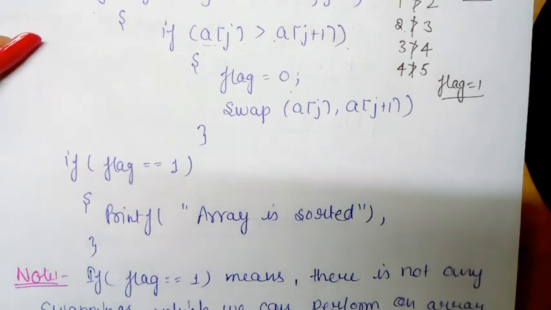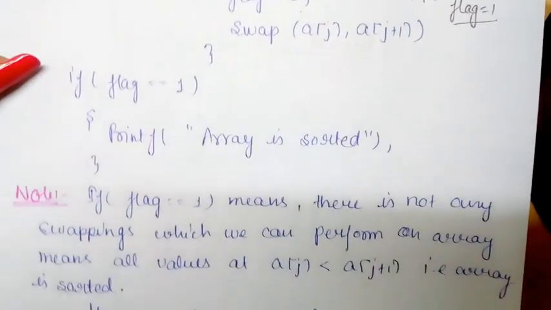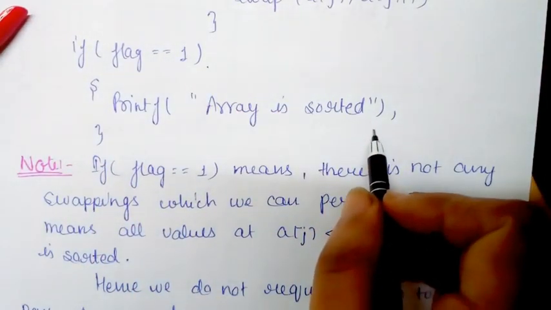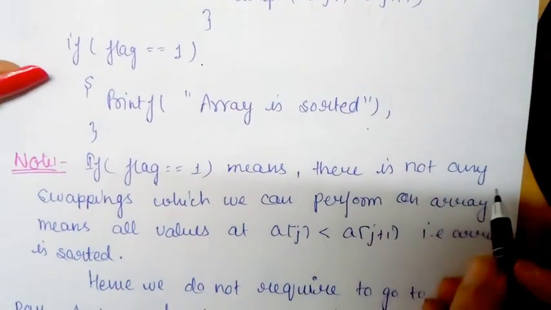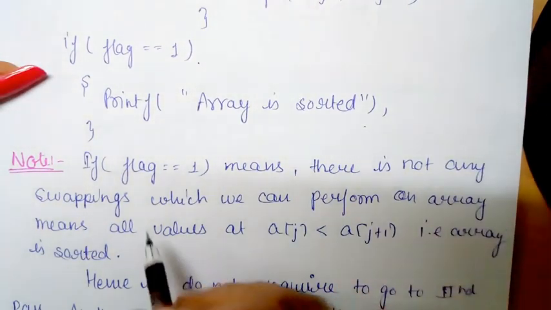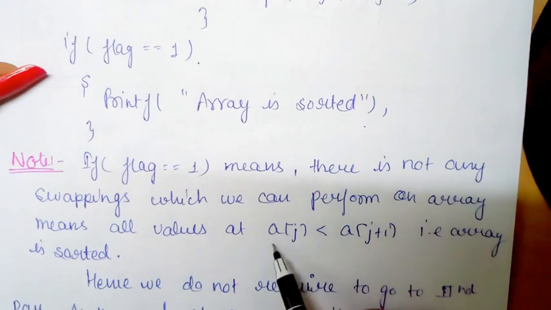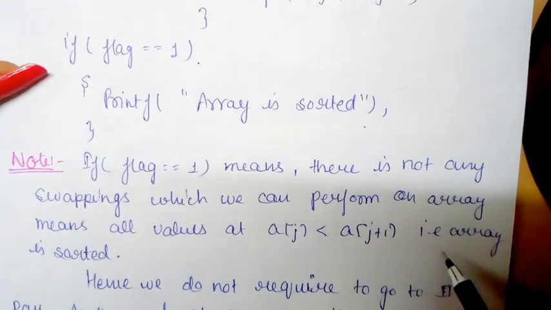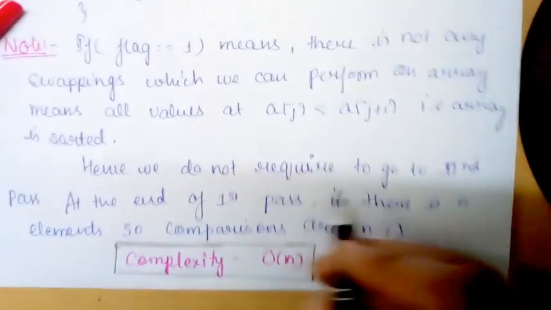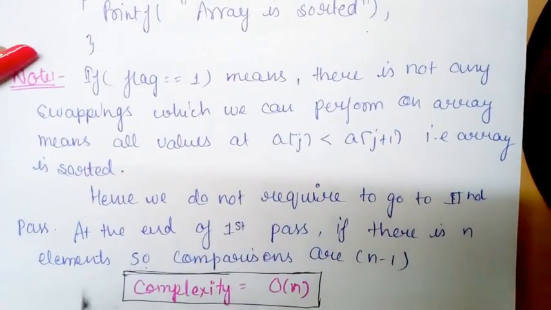That means the array is already sorted. So if our flag is equal to 1, the array is already sorted, meaning there are no swappings which can be performed. All the values of a of j are less than a of j plus 1 only. That is, the array is sorted. Hence we don't need to go to the second pass.